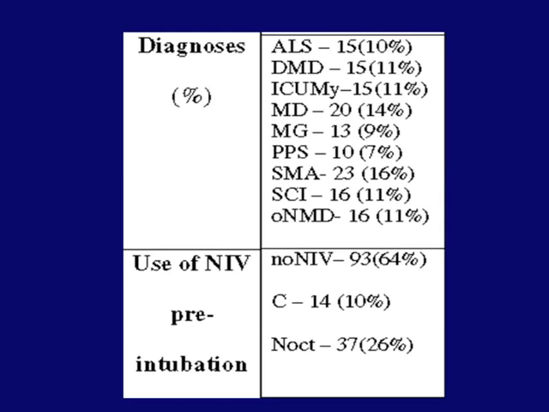But again, they didn't have any neuromuscular condition. Non-Duchenne myopathies, congenital myopathies, 20, myasthenia gravis, 13, post-polio, spinal muscular atrophy, spinal cord injury, and other non-neuromuscular conditions.